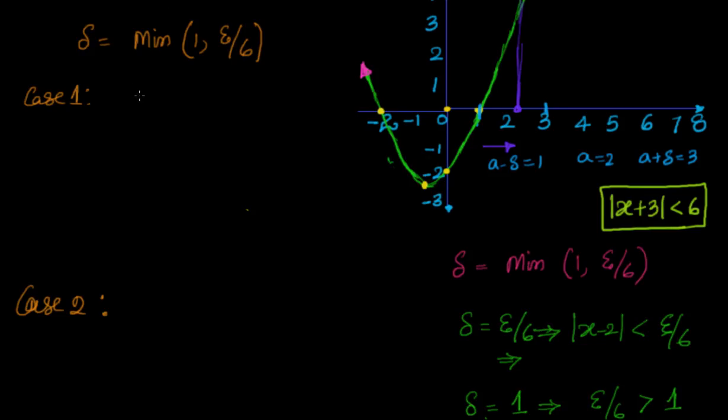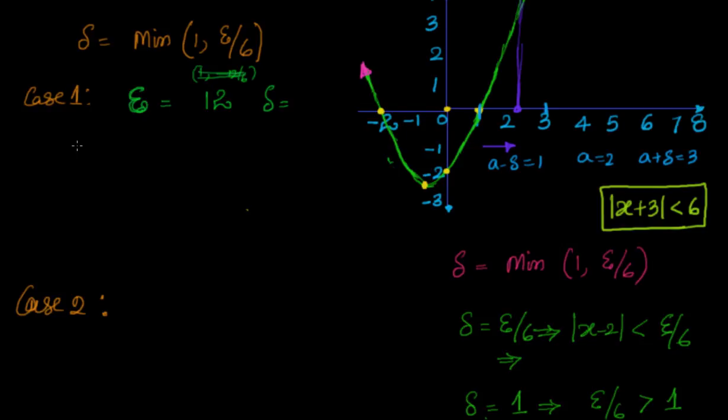In the first case, let us take epsilon equal to 12. If epsilon equals 12, what will delta be? Delta will be the minimum of 1 comma epsilon by 6, that is 12 by 6. 12 by 6 is 2. So the minimum of 1 comma 2.